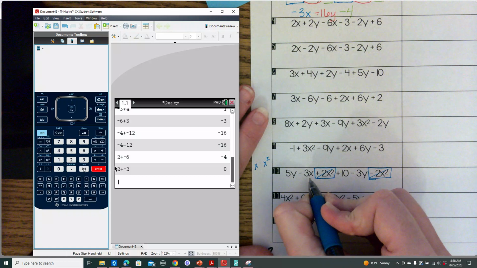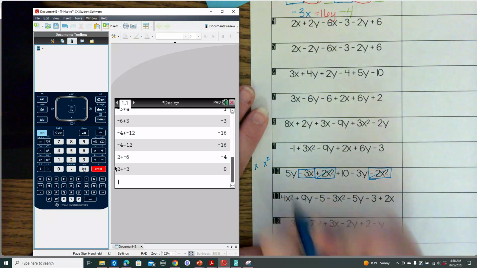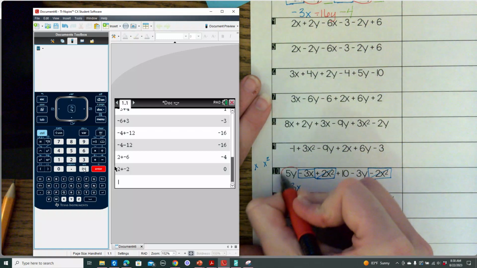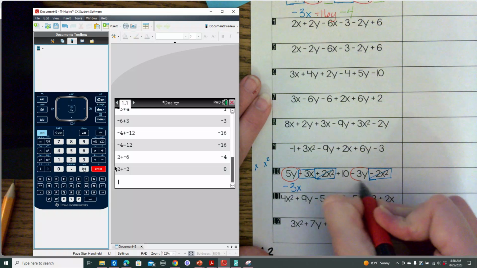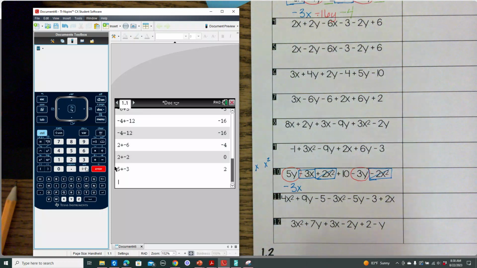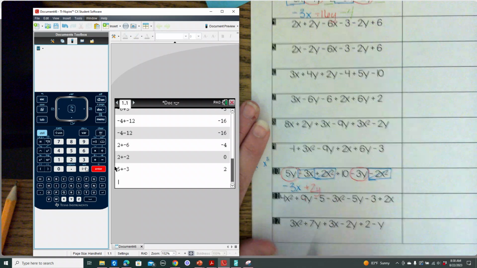So now I'm going to go back to find the x's. I've only got one x term, and it's that negative 3x. And so I just write it down. If there's nothing to combine, just write it down. And now I'm looking for y's. I got a positive 5 and a negative 3. So 5 plus negative 3 is a positive 2, and then the y.